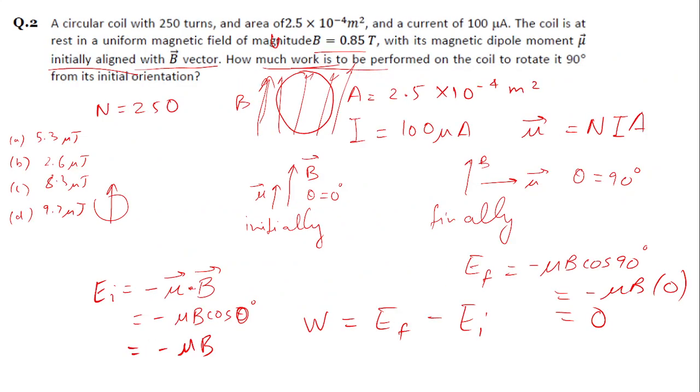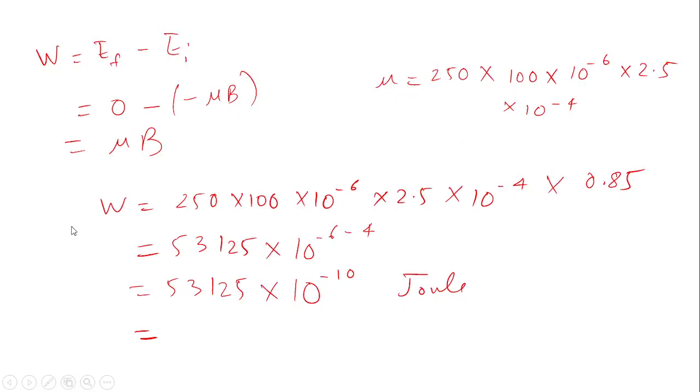Now because the answers are all given up to the first decimal digit and in microjoule, we need to change it. If I move the decimal point 4 places, it becomes 5.3125 times 10 to the power minus 6 Joule. Because I moved 4 positions, minus 4 is gone, leaving minus 6 Joule.